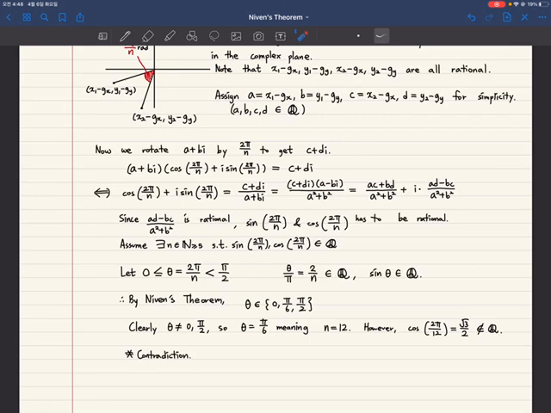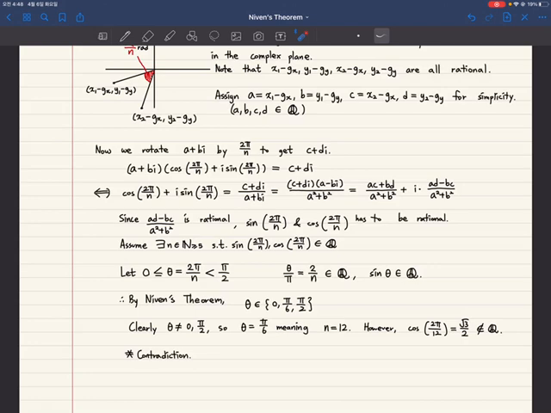But now, since n is an integer greater than or equal to 5, clearly theta cannot be equal to 0 or pi over 2. So this means that theta equals pi over 6. And if we solve the equation, we get n equals 12.